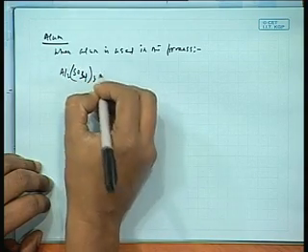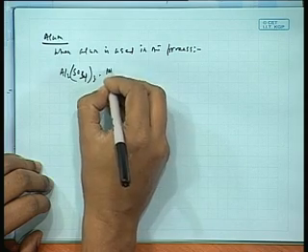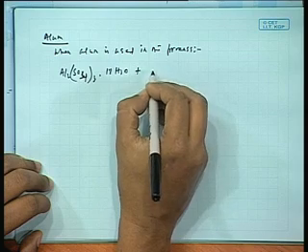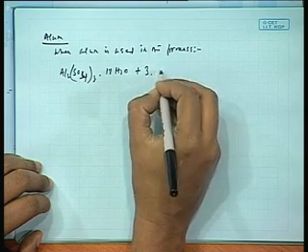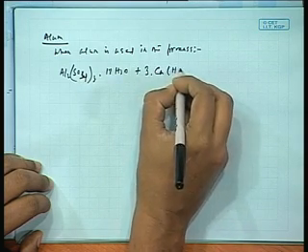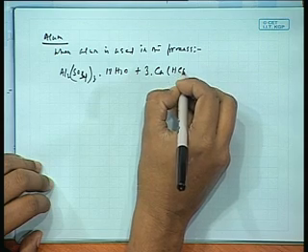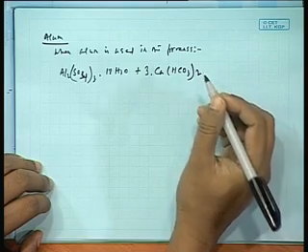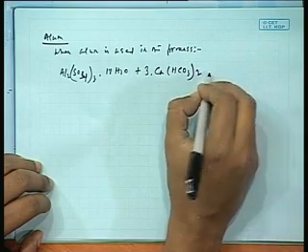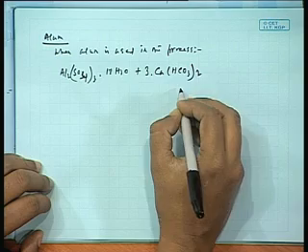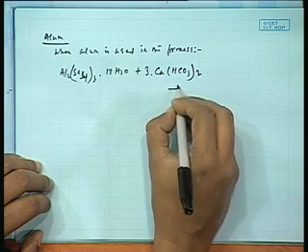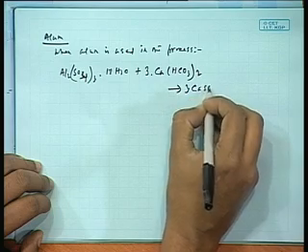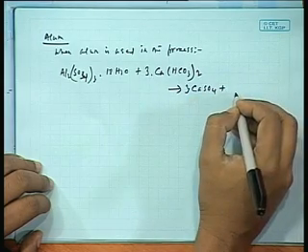Al2SO4 and 18H2O, forming with, say, 3, this is forming 3CaSO4.